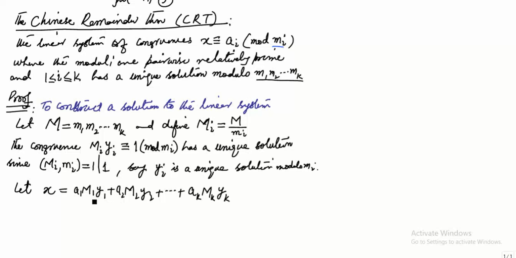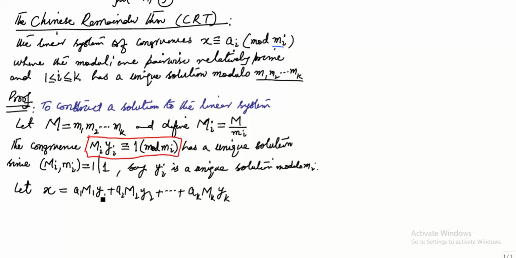It means we are writing the linear combination of all yi, which are the solutions of this type of linear congruence.